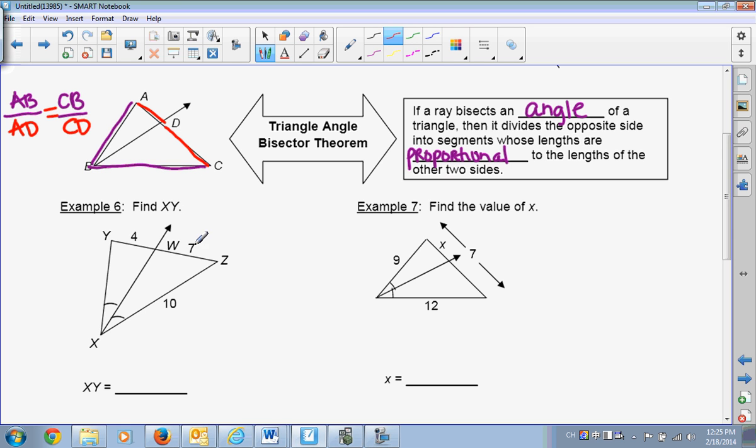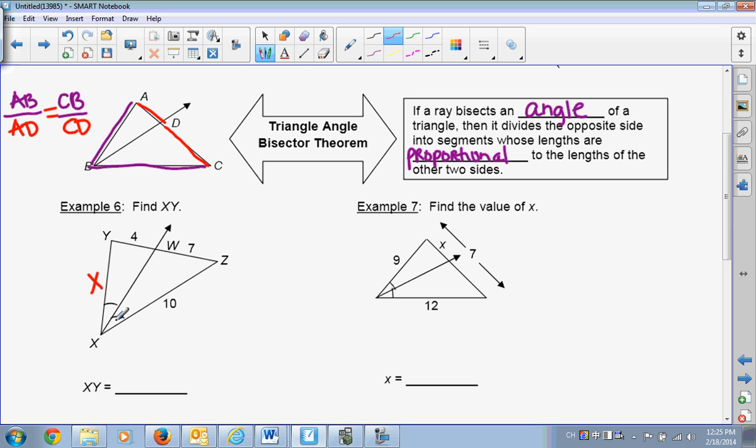So looking here, find XY. XY is this side length here. And we know we're dealing with the triangle angle bisector theorem because this ray is cutting this angle in half, and we see it's bisecting because of the two arc marks here.